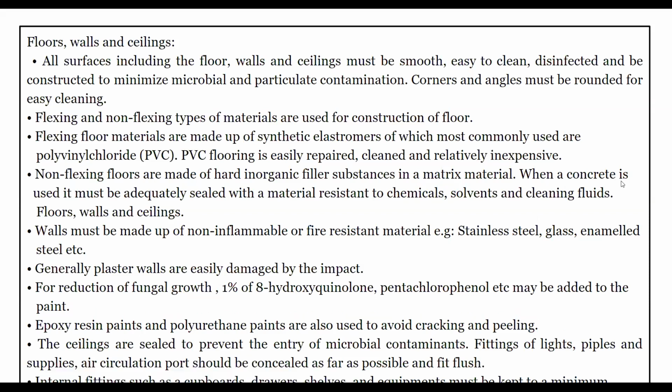The concrete used must be adequately sealed with a material resistant to chemicals, solvents, and cleaning fluids. So this is the cement and bricks and whatever is used to make the structure of the premises. This material is known as non-flexing material. And over the non-flexing material, the flexing material is layered.